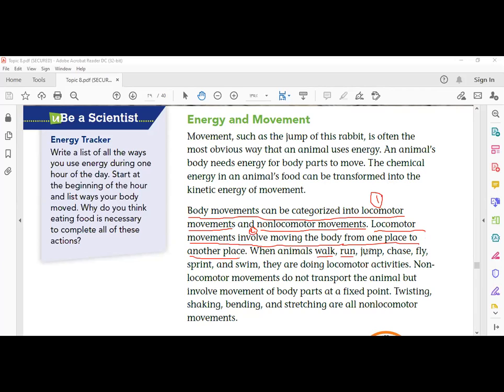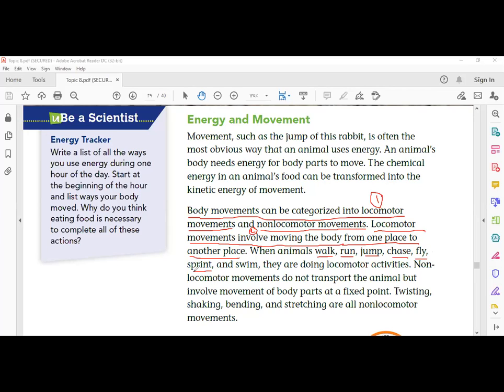Run, jump, chase. When the cat chases the mouse. Fly too. When the bird flies, this is a locomotor movement because it involves moving the body from one place to another.